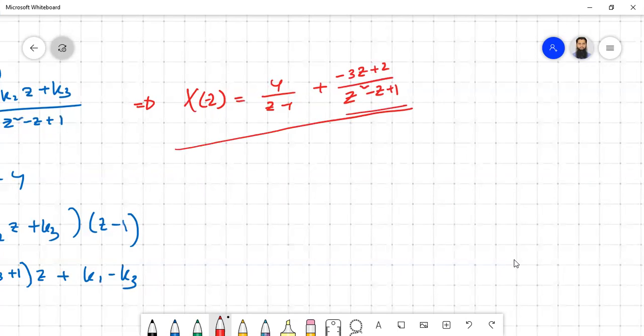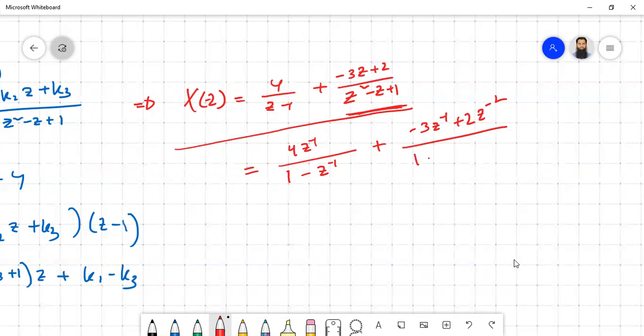Now how you approach finding the similarity with the 4 existing formulas, based on that you can have different approaches. Say we take it first to the z to the power negative values. So basically we have 4 z to the power minus 1 over 1 minus z inverse, and on the other side, minus 3 z inverse plus 2 z to the power minus 2 over 1 minus z inverse plus z to the power minus 2.